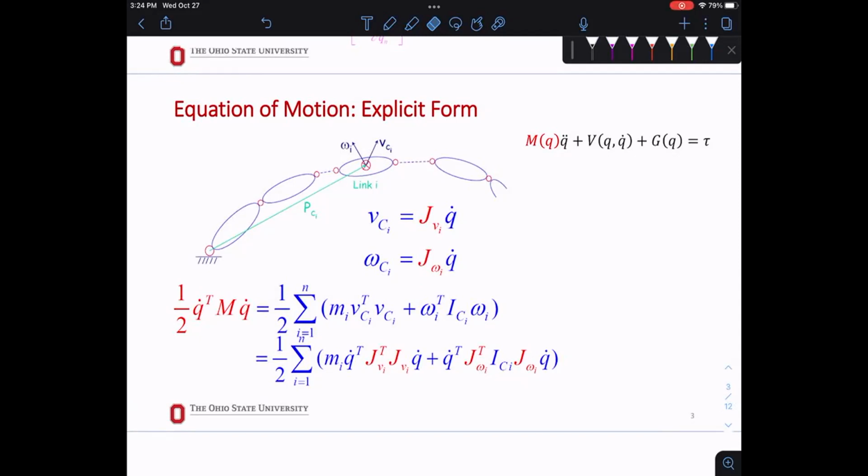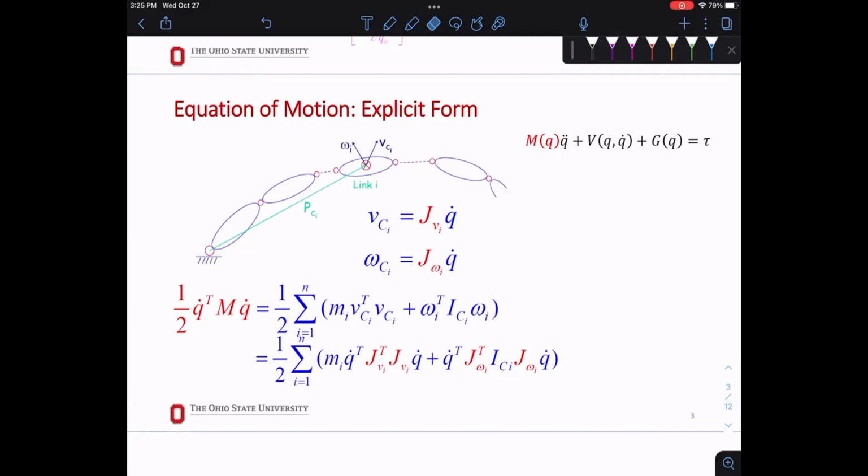Now, for a random link i, that link could have a linear velocity and/or an angular velocity, depending on what kind of joint it is and what joint was before it. When we are generalizing it, we are going to consider both of them. Then we're going to say if it's prismatic, it doesn't have angular velocity. One other thing we're going to consider is the position, the distance of the center of mass of that link to our base frame. Everything is again calculated with respect to our base frame, or frame 0.